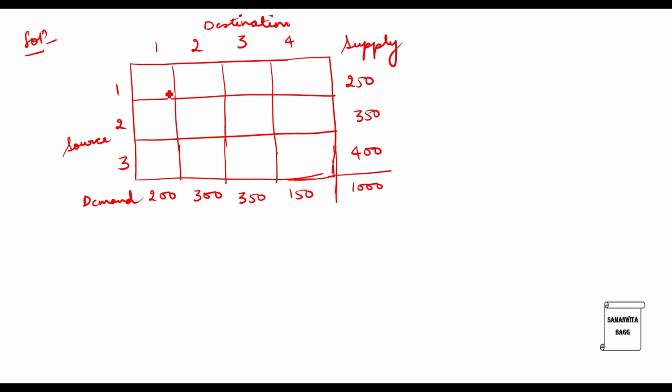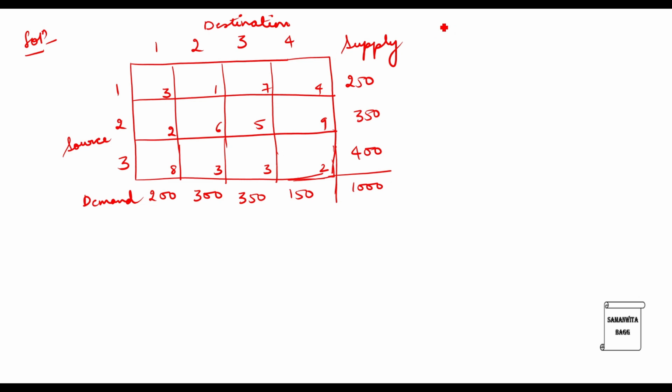Now I'll write out the value of the cell's cost. So we will write the value again here: 3, 1, 7, 4. This is 2, 6, 5, 9. Here we have 8, 3, 3, 2.